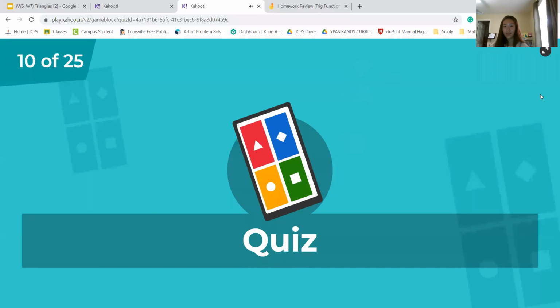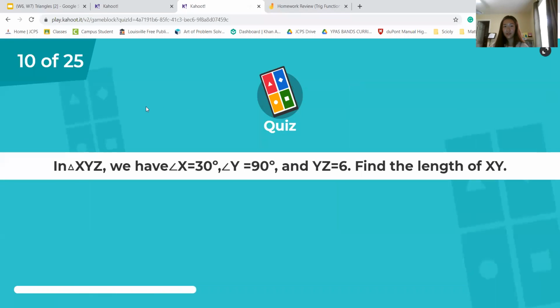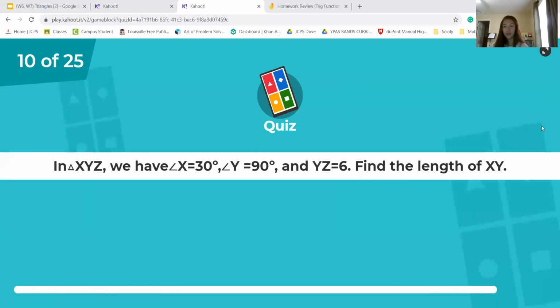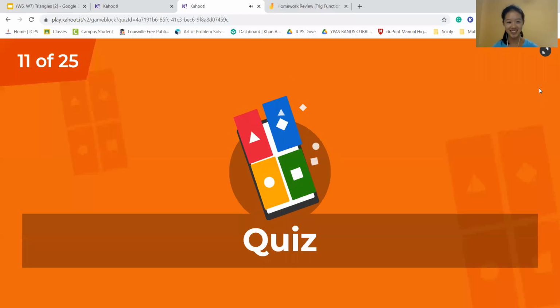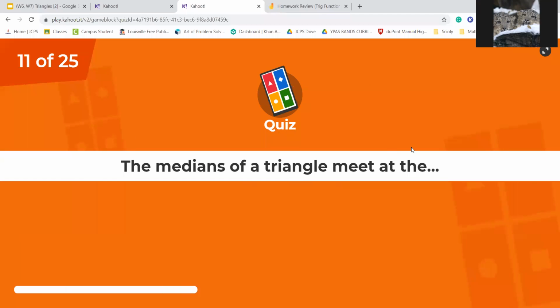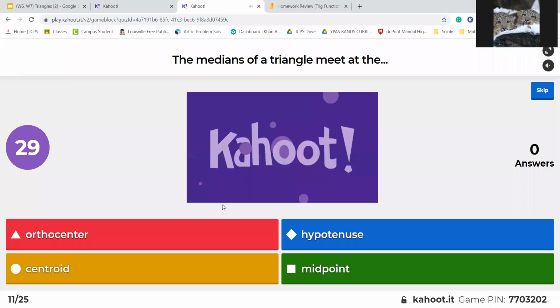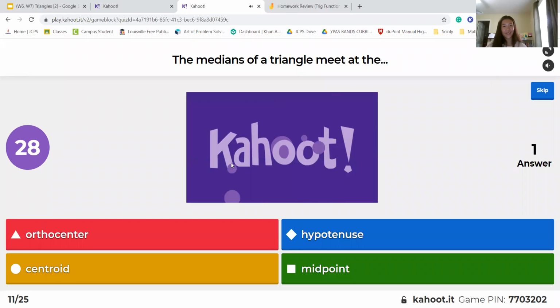Whoa. Oh, and I didn't understand that. Ooh, what was it called? The midpoint. It's the orthocenter, right? And your screen froze.